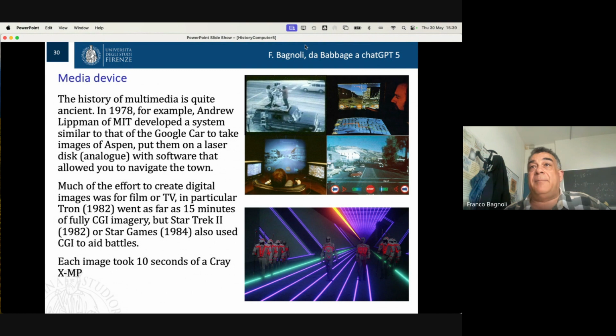They were mapping a city using a portable camera, and then they developed a system for navigating these movies. As clearly they were on a laser disc, they were not so interactive, but you could navigate a town just by looking at what happened in the town.